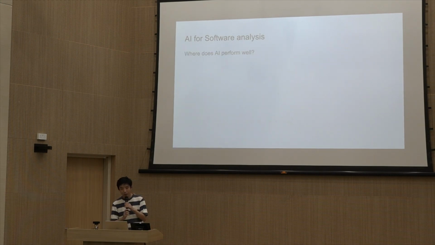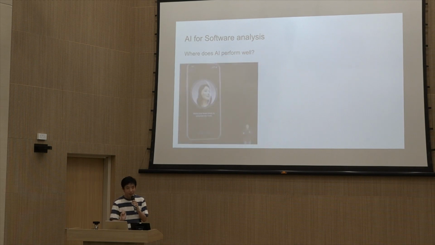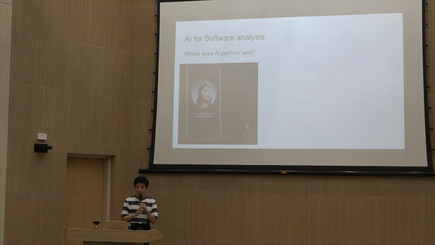However, we can also think about this problem in the other way. Where does AI perform well? Actually, we are using AI models every day. One example here is we are using face recognition to unlock our iPhones. This is actually using some AI models behind. In this scenario, why does AI perform well?